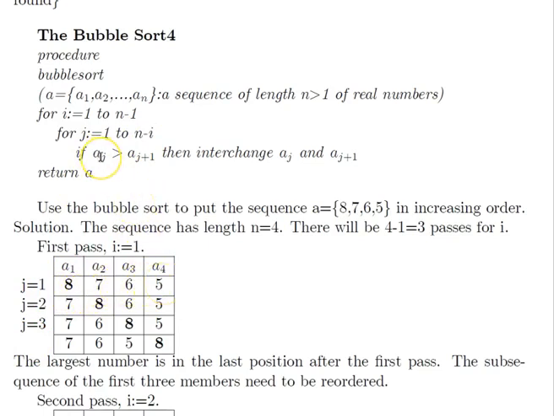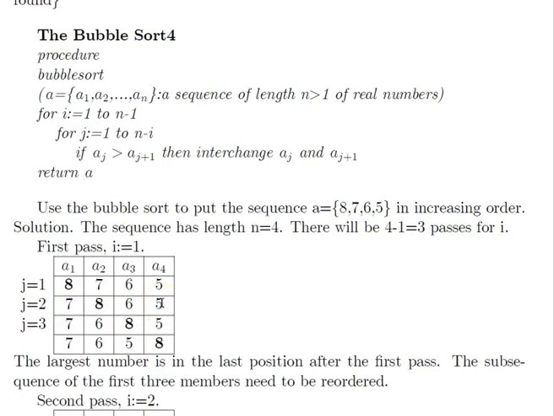Then the if statement is executed. Is A1 bigger than A2? In A1 we have 8, in A2 7. This is true. Because the condition is true, we have to do this interchanging. We swap the values here, and the sequence becomes this.